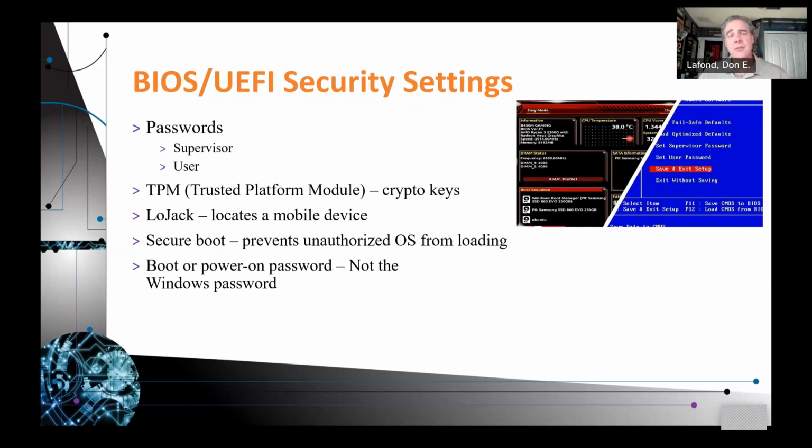LoJack is a software module, if you will, that's installed in the software. It's hard to find if you are not looking for it. What it does is it secretly keeps track of where the laptop is. If you have a Tile, for example, on my phone and my wallet, I have a Tile on it, and that Tile does the exact same thing.